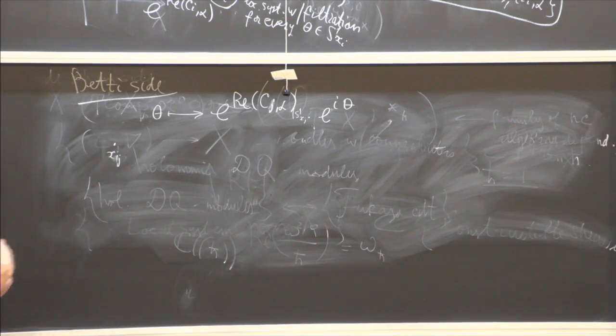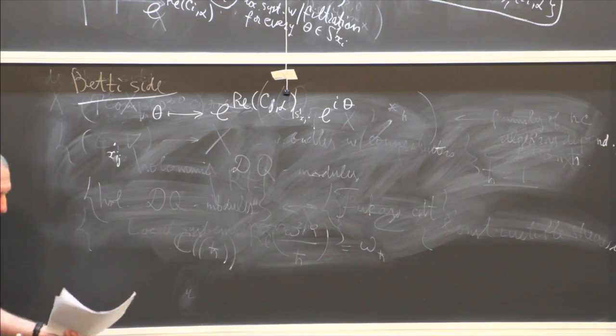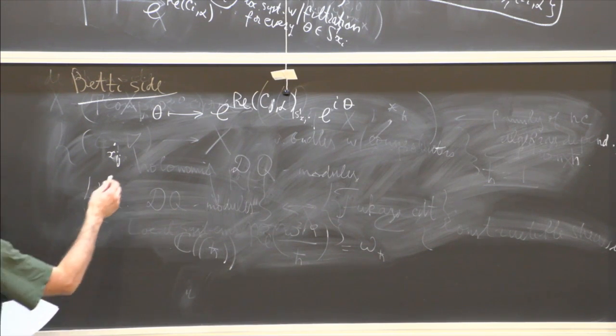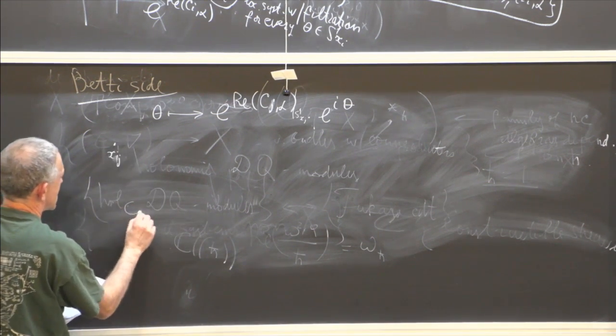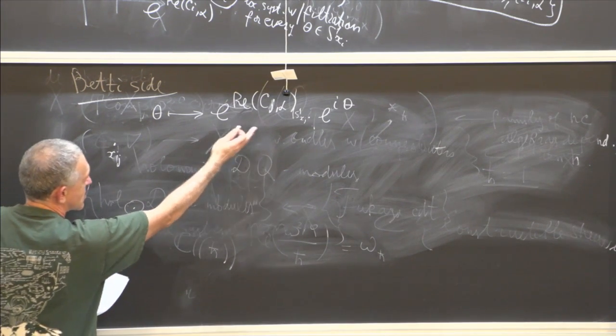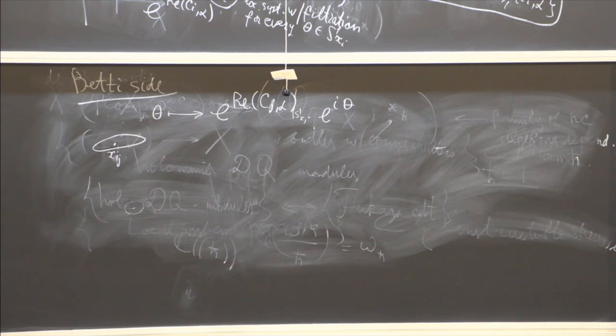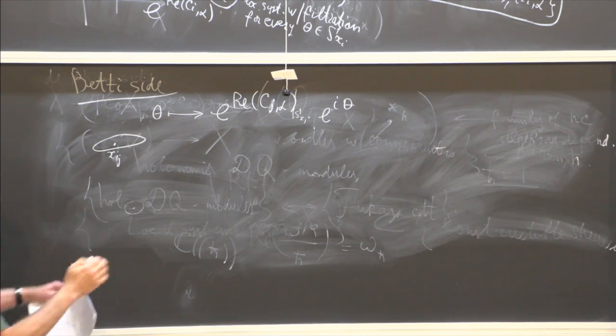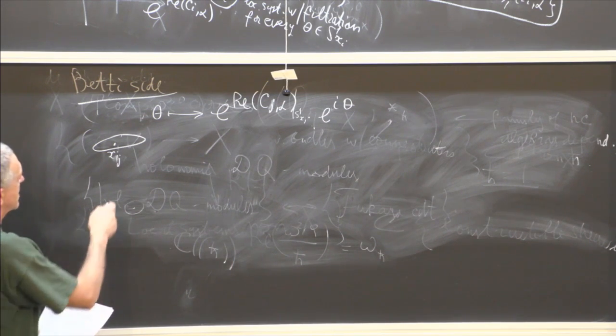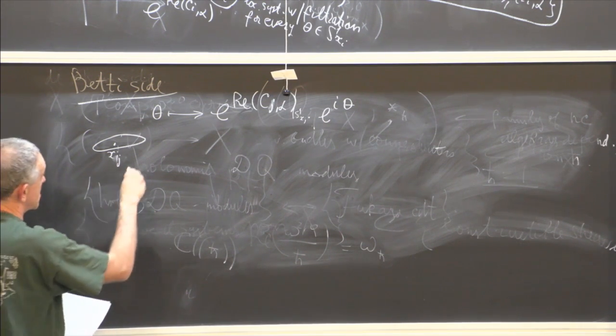Again, I'm explaining it in the non-coordinate free terms, but it can be said. So it's a map of the small circle, a closed circle which I would like to put in a small neighborhood of my singular point.